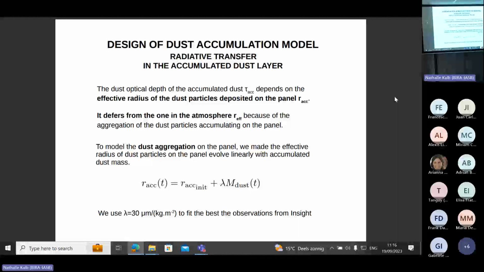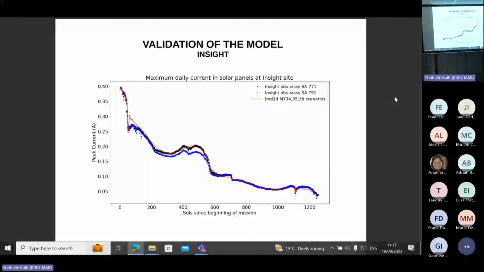And the observation we used is the observation from the lander InSight, because InSight has the advantage that there were not many dust cleaning events. So it's not an advantage for the mission, but it's an advantage to compare it with the model, because the model doesn't simulate the dust cleaning events.